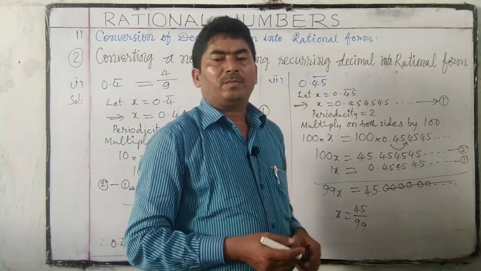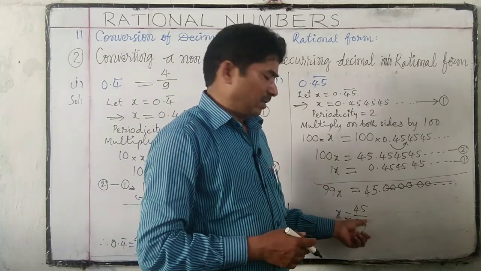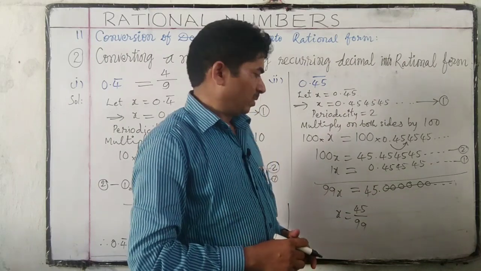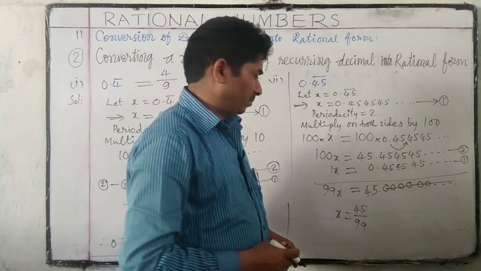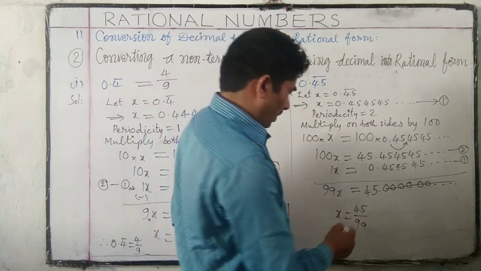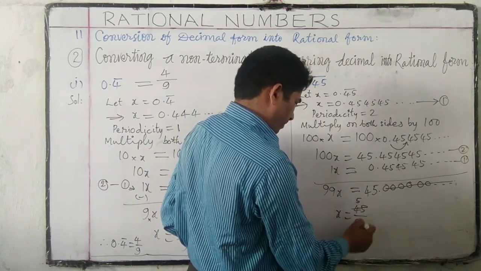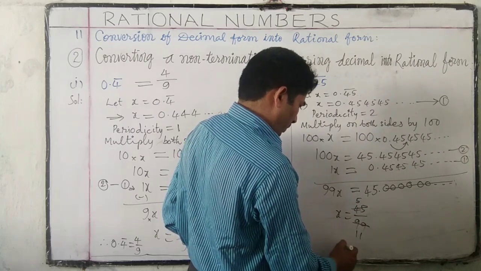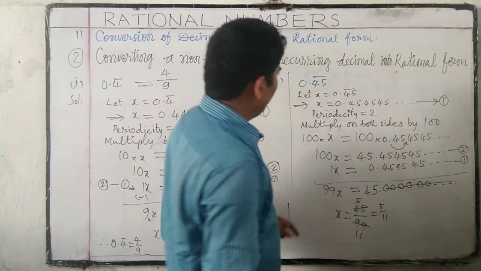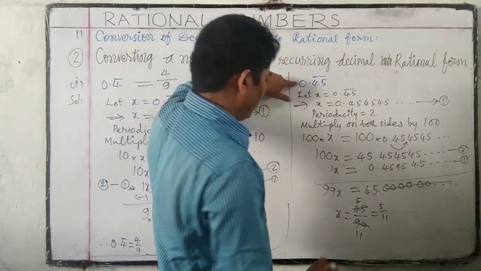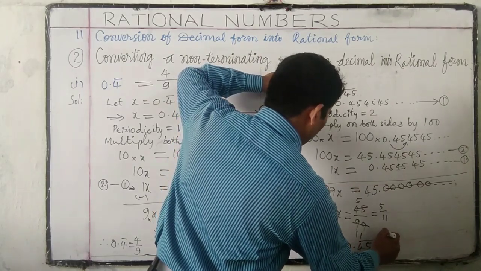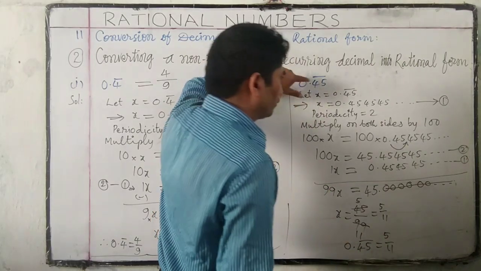If possible, we always make the rational number in simplest form, meaning standard form. 9 5s are 45, 9 11s are 99. So x is 5 by 11. x means what? 0.45 bar is equal to 5 by 11.